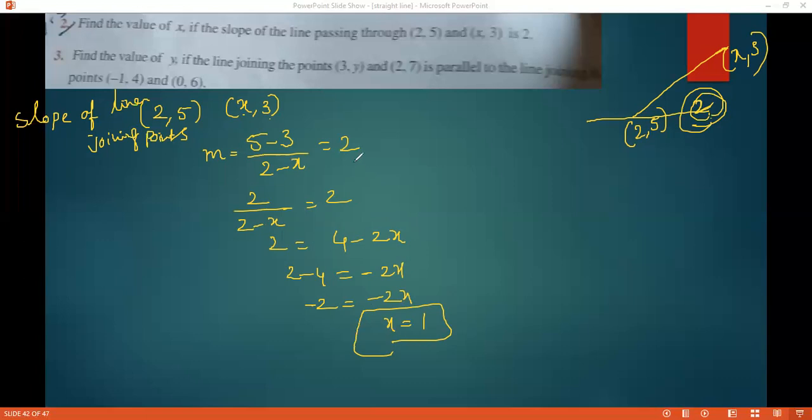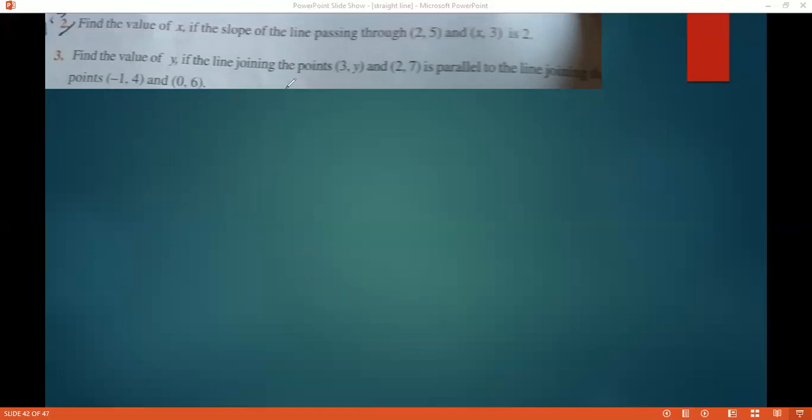Next, look at the next question. Find the value of y if the line joining the points (3, y) and (2, 7) is parallel to the line joining the points (-1, 4) and (0, 6).